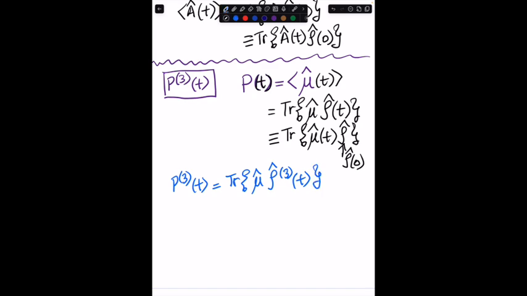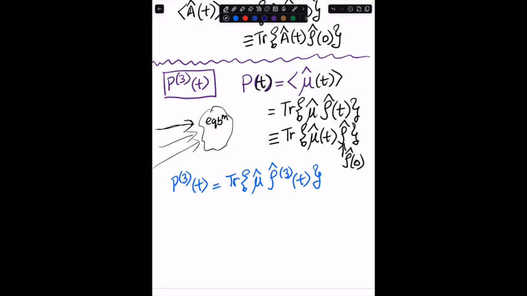So now I would like you guys to think about a more physical picture. Let's just say you have some system which you're probing, and you have three light fields which probe this system.